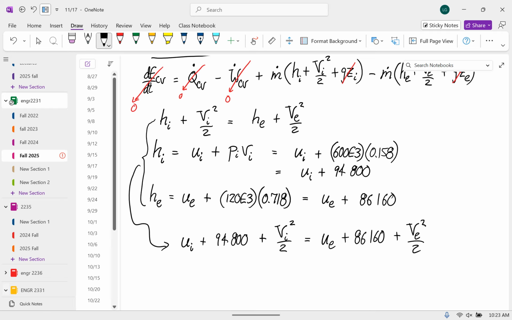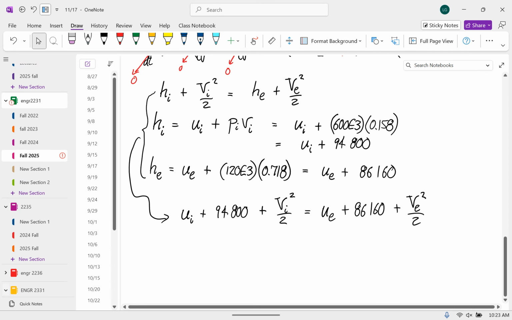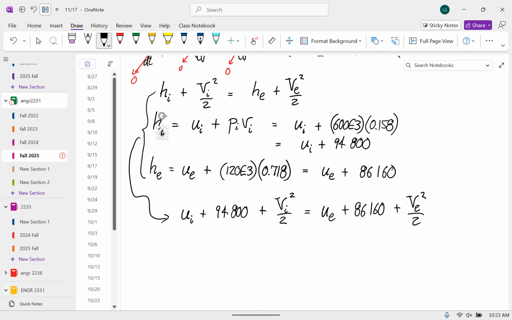Okay, and now you can do this as Ui minus Ue is equal to, now we're going to use the specific heat for an ideal gas.